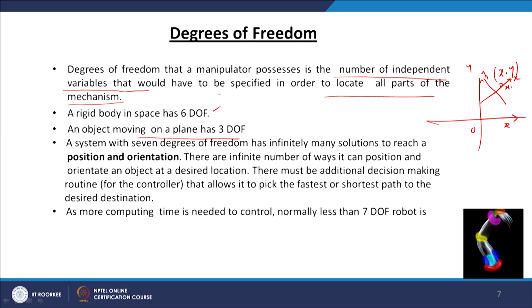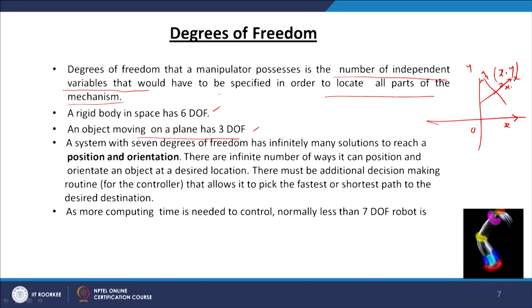So, here there are 3 degrees of freedom. The origin has shifted from the original origin, and the coordinate frame x 1 y 1 is with respect to x y. So, the 2 position variables and 1 rotation variable represent the 3 degrees of freedom.